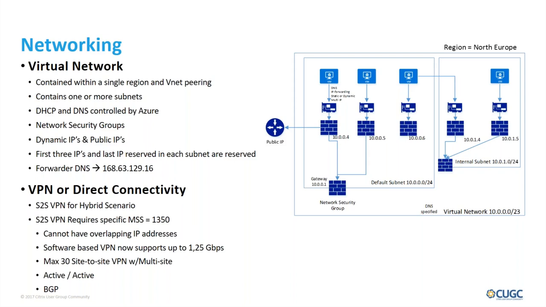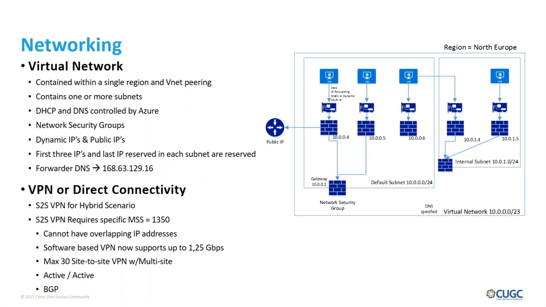And when it comes to sizing subnets in Azure, you have to take out 4 IP addresses for each subnet. The first 3 IP addresses are reserved in each subnet and also the last one. And you can define DNS on a per-VM level or on a virtual network level.